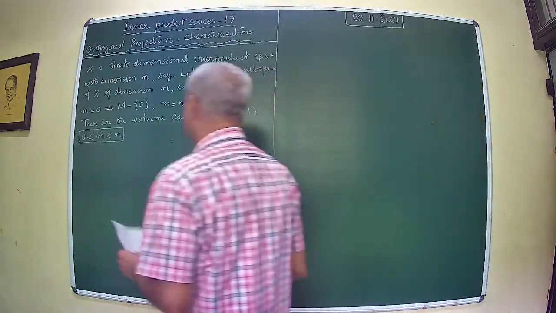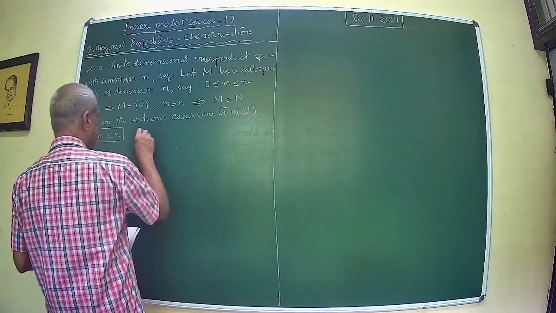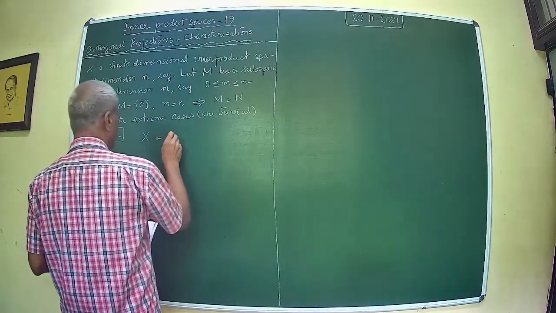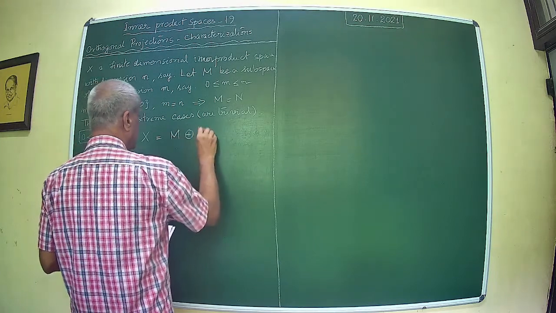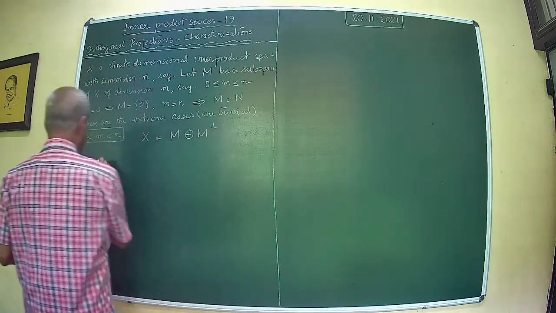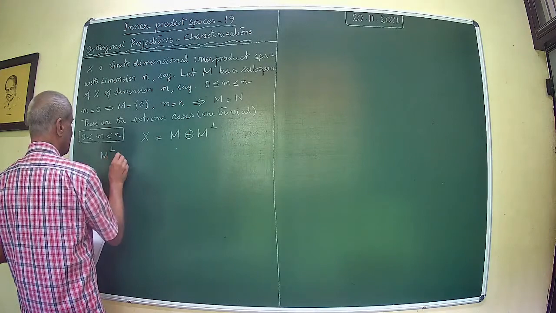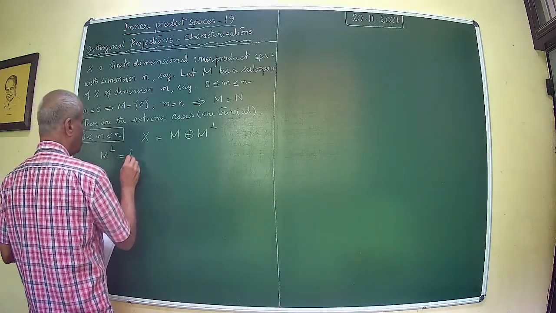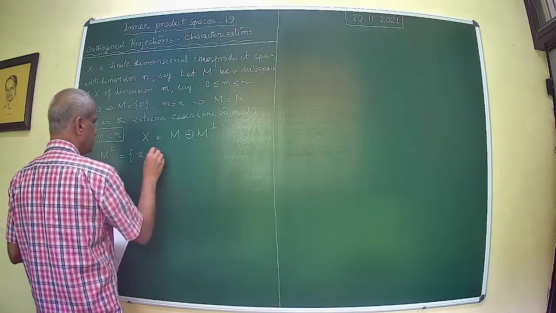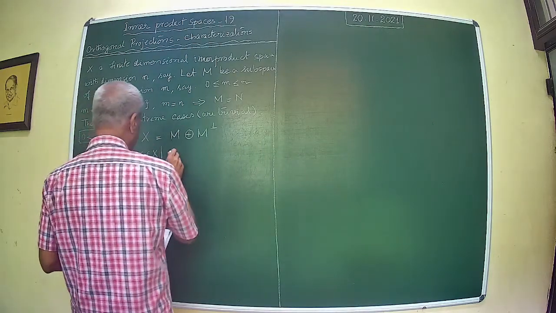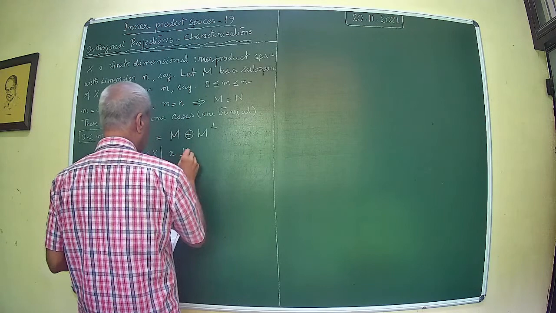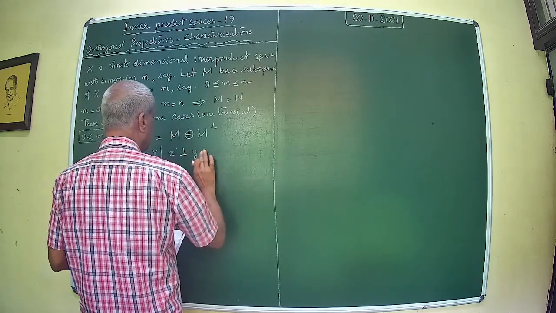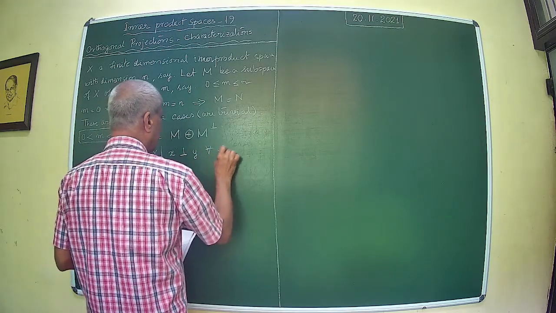Now we have a breakup of X. X is now a direct sum of M and M perp, where M perp consists of all those x belonging to X such that x is orthogonal to y for every y belonging to M.